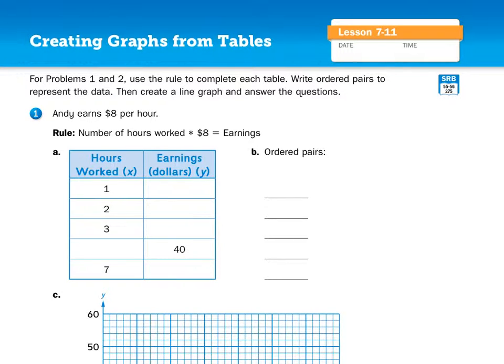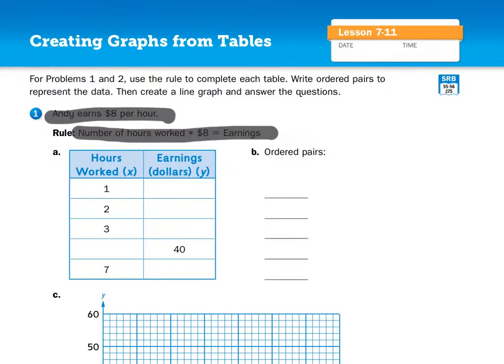Here we are on page 266, and it's important to read the directions here for this one because it tells us that Andy earned $8 an hour. The rule, they tell us, number of hours worked times 8, and that's my earnings. So our job as learners is to try and figure out what is going in this earnings table here, if we know that he's making $8 an hour.